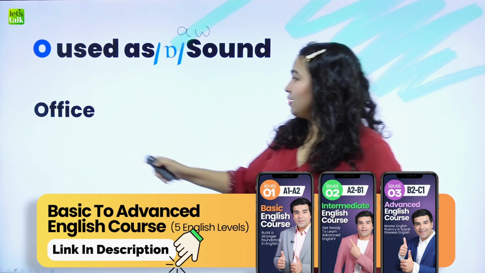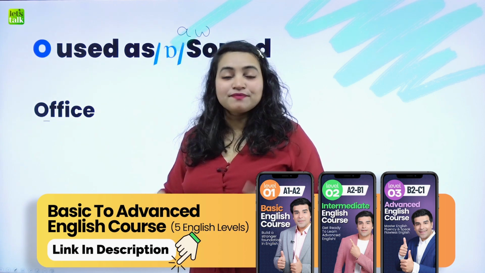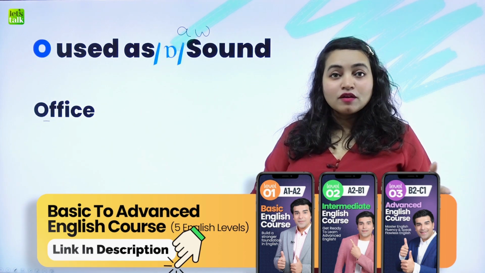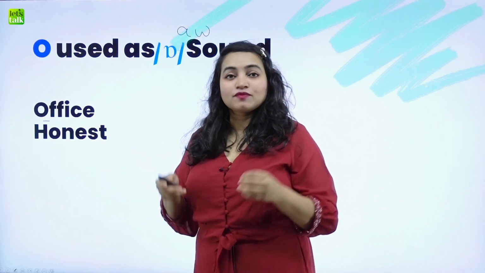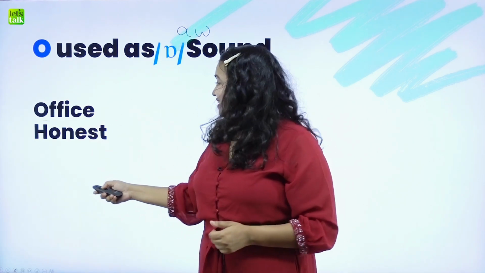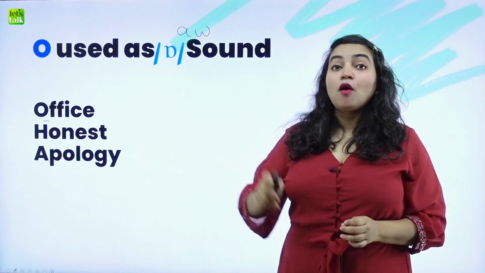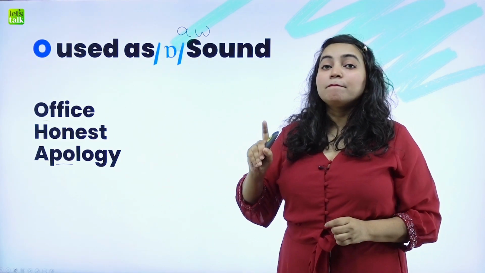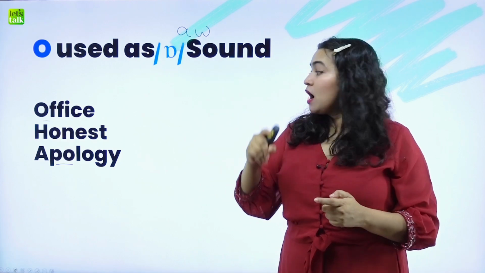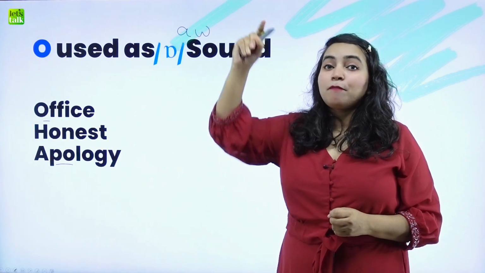So, the first word, office. Say this after me. Office, office. The next word, honest. Honest, honest. The next word, apology. Now remember, this is not apology, apology. Say this after me. Apology, apology.